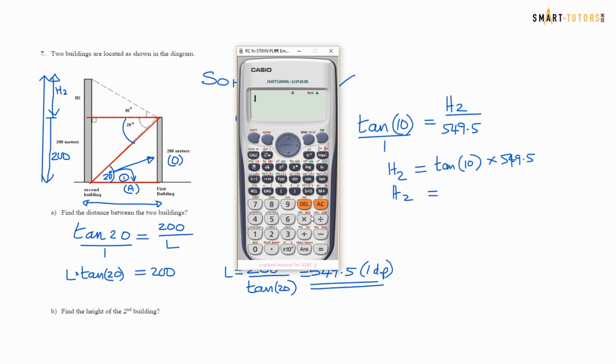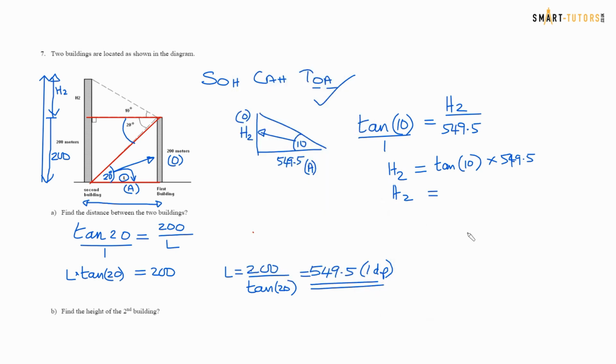So make it 549.5 times tan 10. So that is the answer, 96.9. So 96.9 meter.